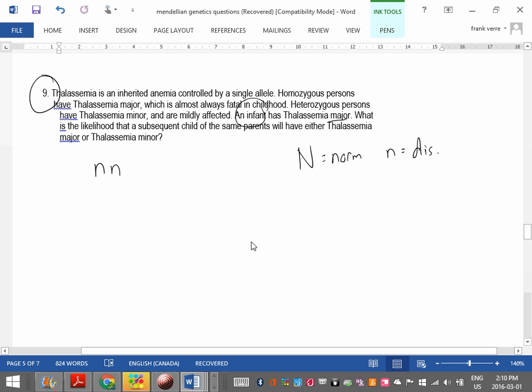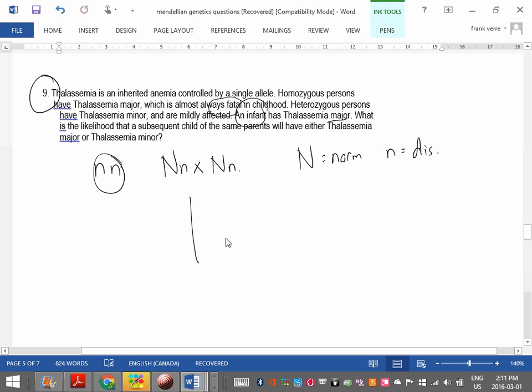So this is recessive. So if the child is little n, that means the parents must be what? What must the parents be? Why can't the parents be this? Yeah, they would have, because look, almost always fatal in childhood. So it's most likely they're not going to have had 2 copies of it.